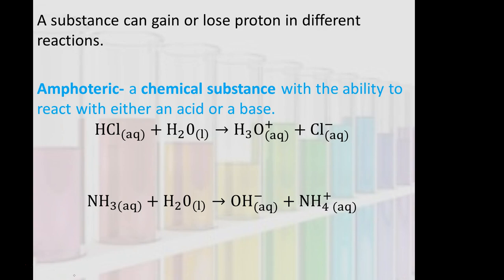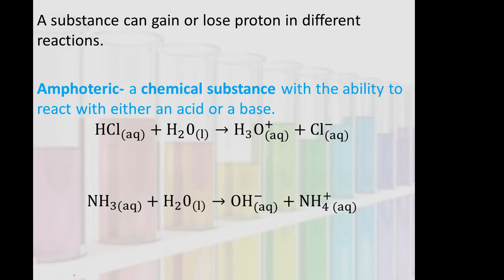Now we're looking at this part of the Bronsted-Lowry definition, which explains a little better than the modified Arrhenius theory why substances can react as both an acid and a base. We have two names here that we're going to have to know. The first one is amphoteric, which is a chemical substance with the ability to react either as an acid or a base.